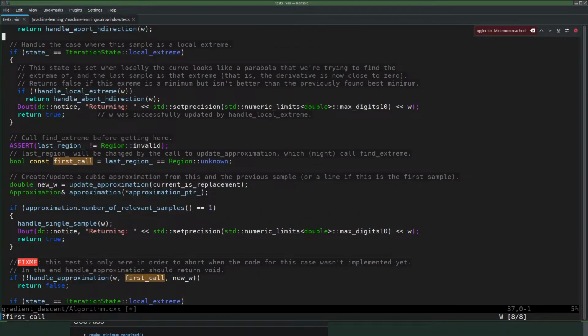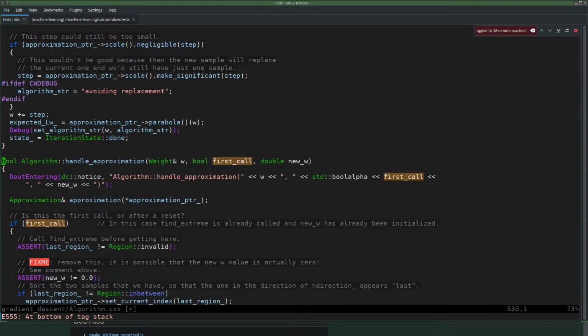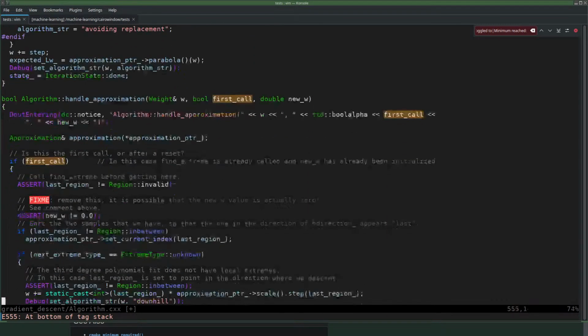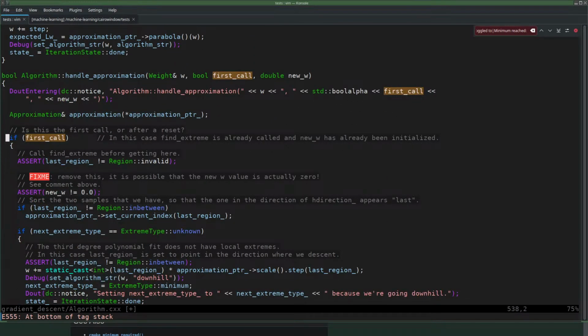I guess it cannot be a local extreme on the very first call. So if this was true, then we also know that it's not a local extreme. Therefore it was called. So I think the comment holds in this case if I don't touch the code. And it really should be true just once. I should not invalidate the region, it seems.